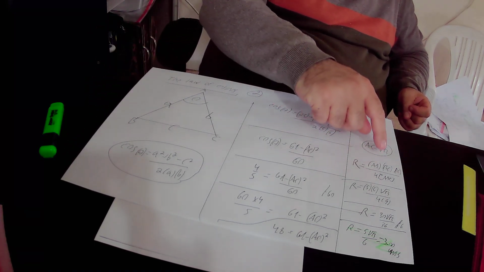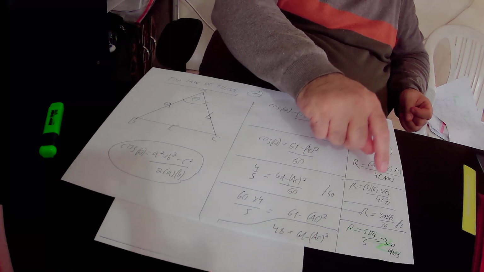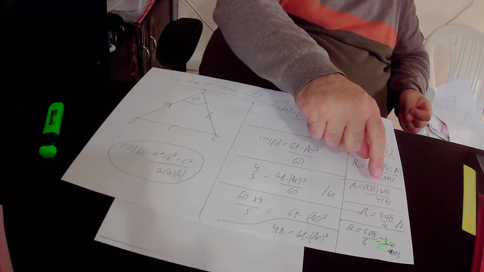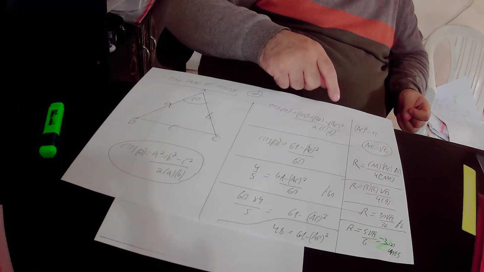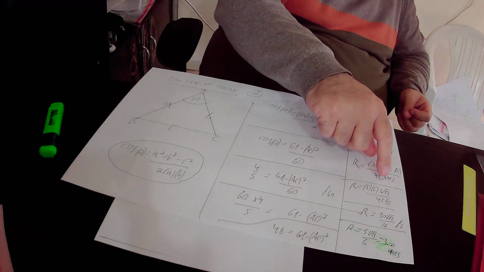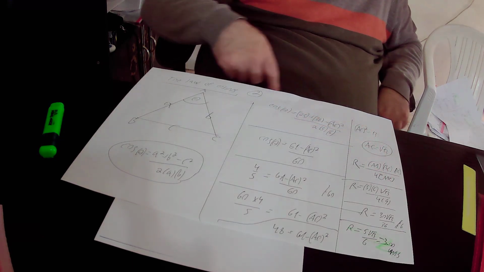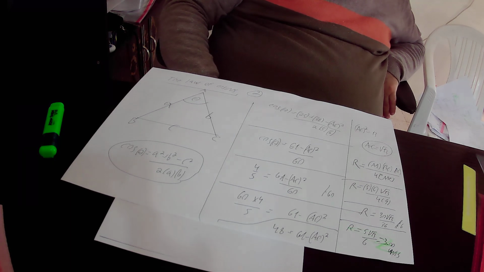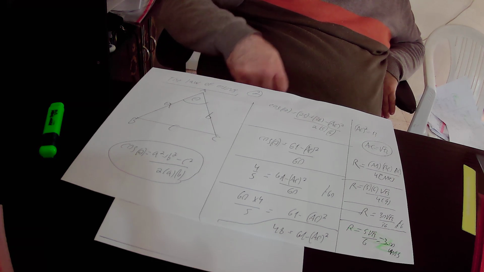AB equals 5, BC equals 6, and AC equals the square root of 13, over 4 times the area of triangle ABC, and the area of triangle ABC is 9. So in conclusion, we found out that R equals 5 times 6, which is 30, times the square root of 13, over 4 times 9, which is 36. So R equals 30 over 36 times the square root of 13.